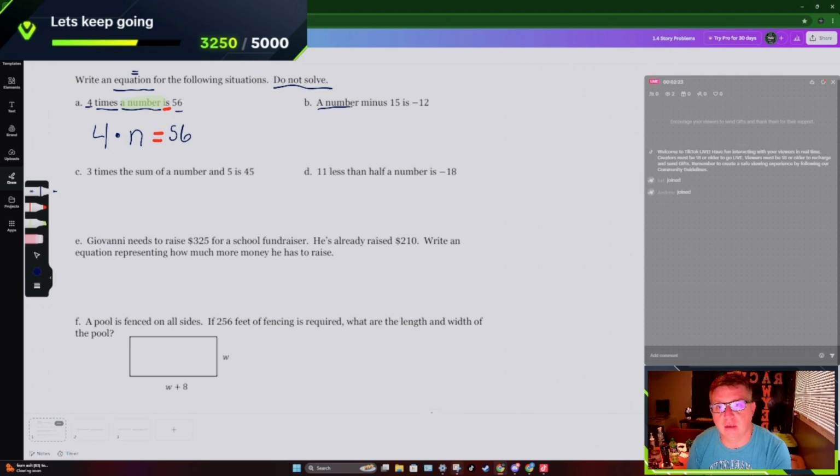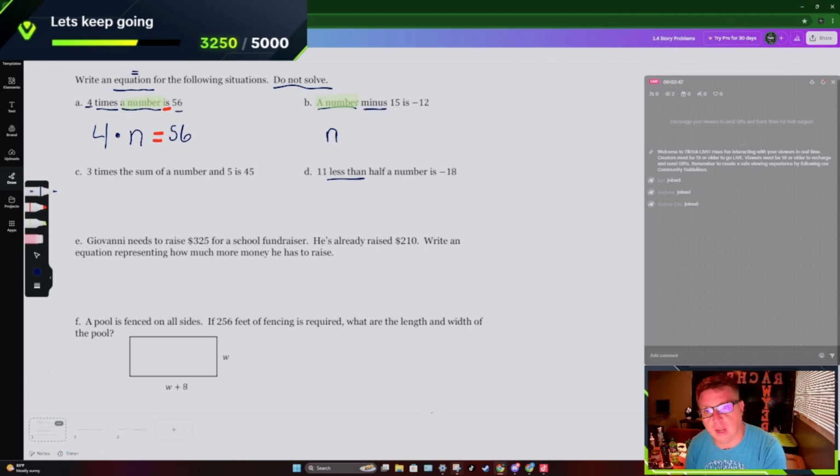Next, a number. So we go back to this idea of a number, okay? Minus. Now, there is going to be one time in subtraction where we have to pay attention to it, but it only happens here, okay? And we'll talk about that when we get to the less than problem.